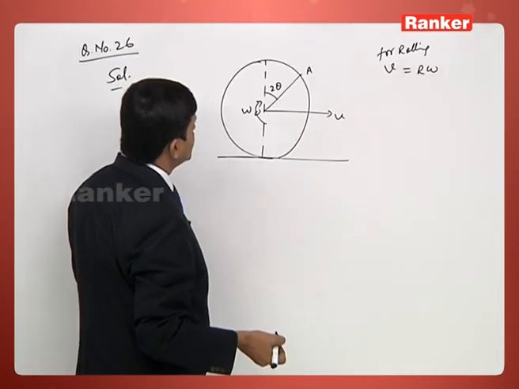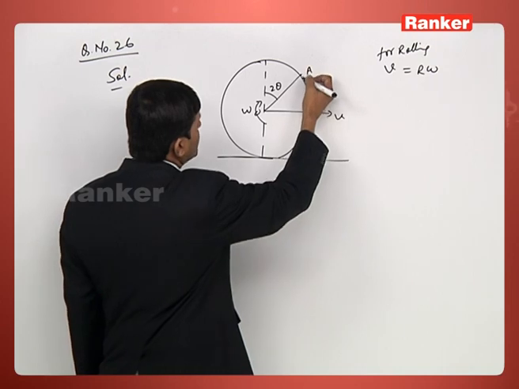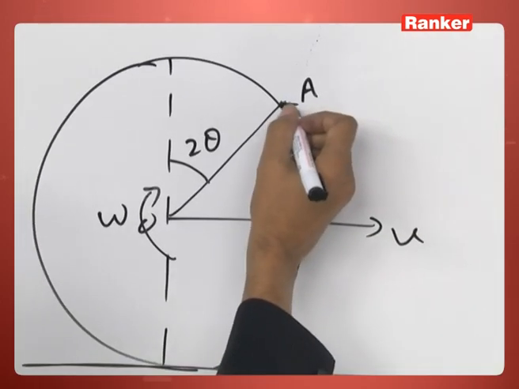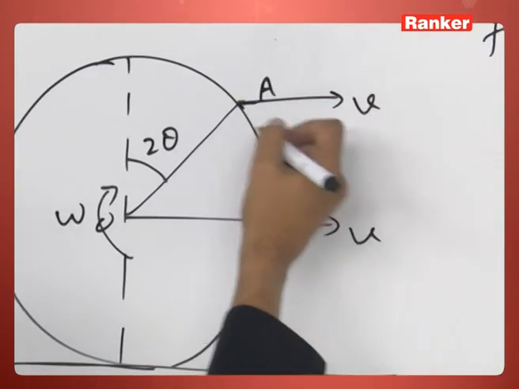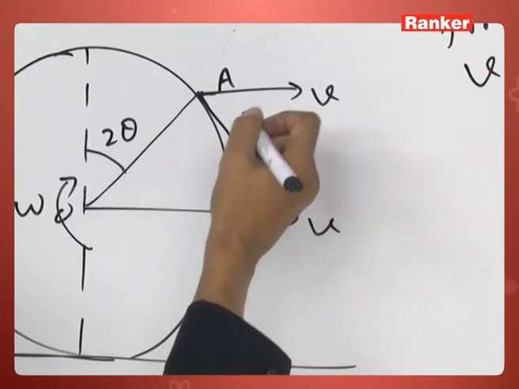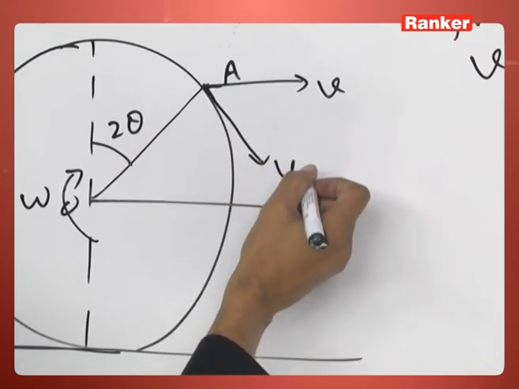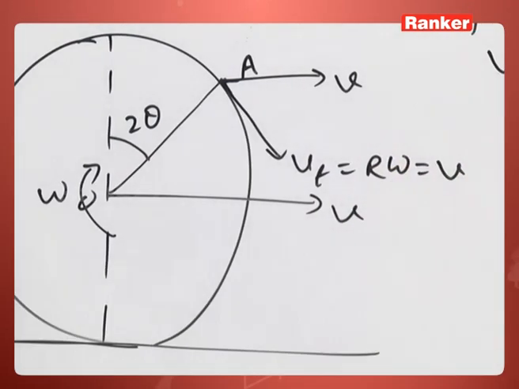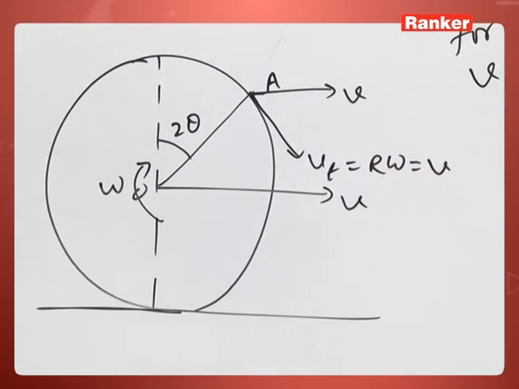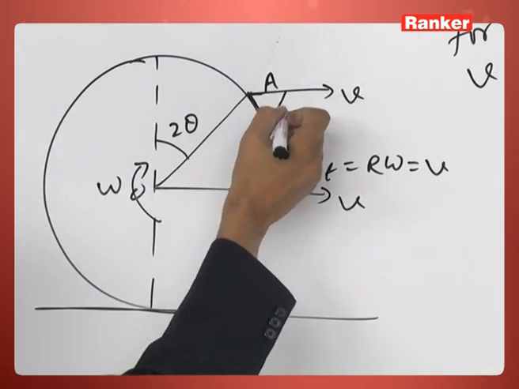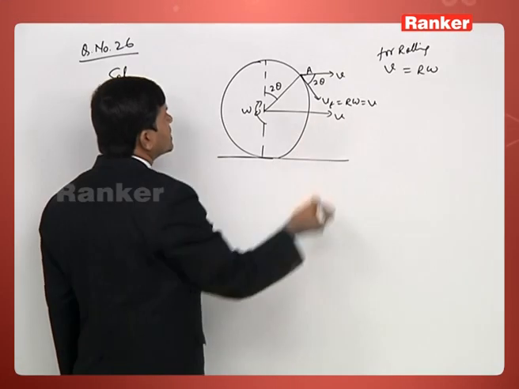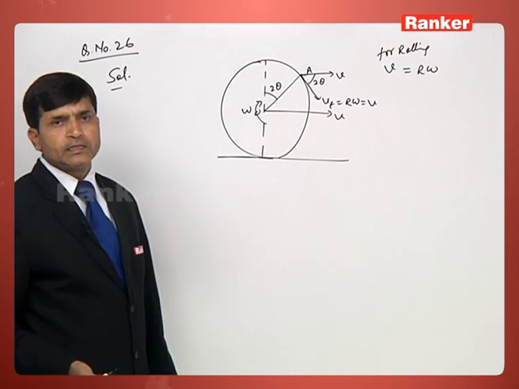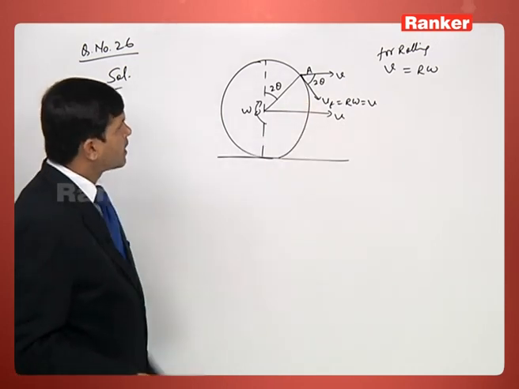If we are talking about the velocity of point A, one velocity is the translational velocity, another is the tangential velocity v tangential, which is r omega, which is v. So right now, the angle between these two velocities is 2 theta.